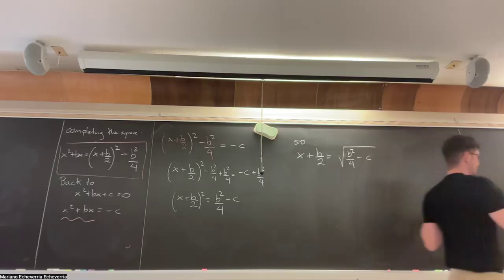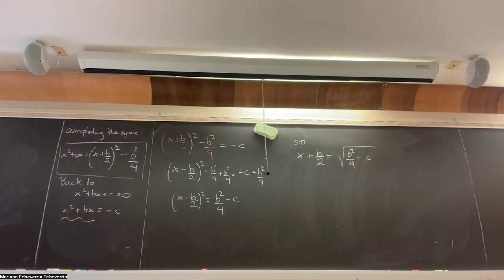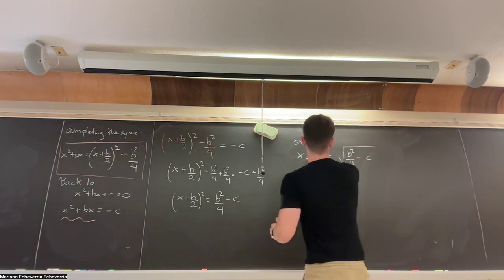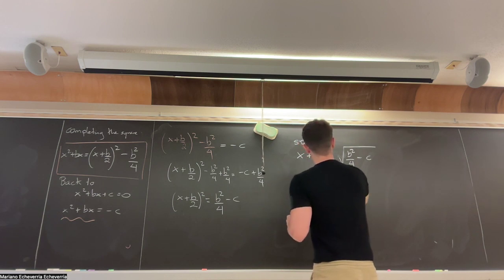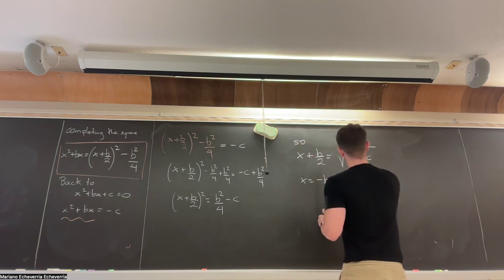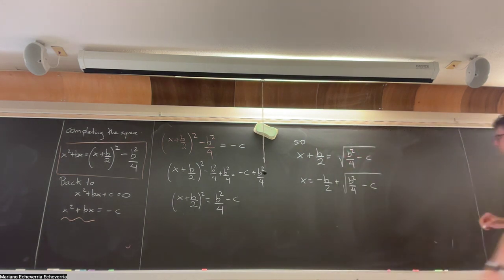And that essentially gives you the value for x, because then you subtract b over 2 on both sides of the equation. And then that's one of the values for x.